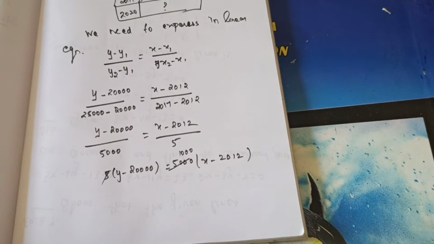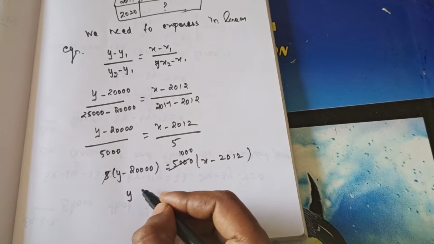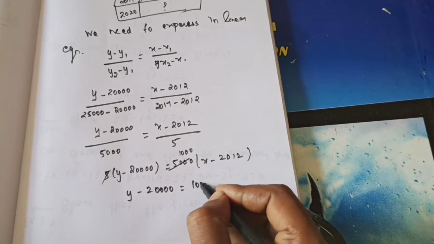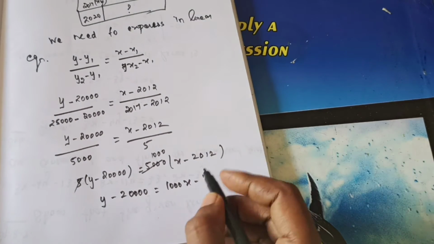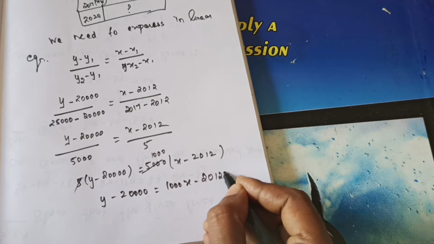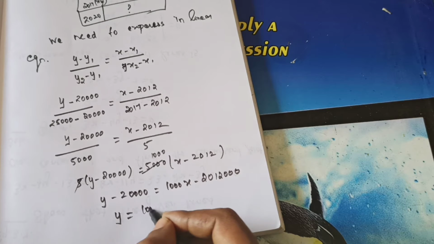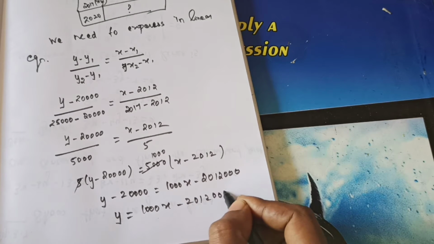Correct? Now y minus 20,000 is equal to 1,000x minus, multiply this 1,000 by 2012, you will get 2,012,000. Okay, y is equal to 1,000x minus 2,012,000.